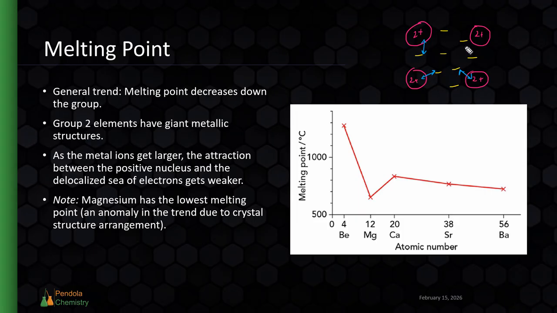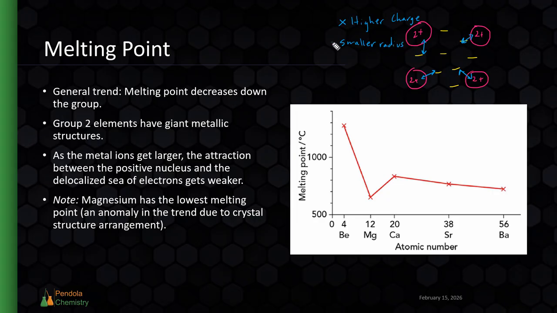So there are 2 things that are going to make these metallic bonds stronger. Higher charge, which is not going to happen because they're all group 2 metals, so higher charge is not really something we discuss here because they're all going to be 2+, and smaller radius.